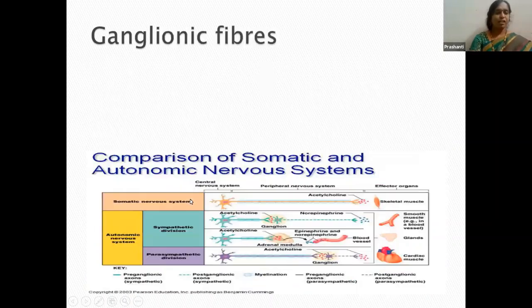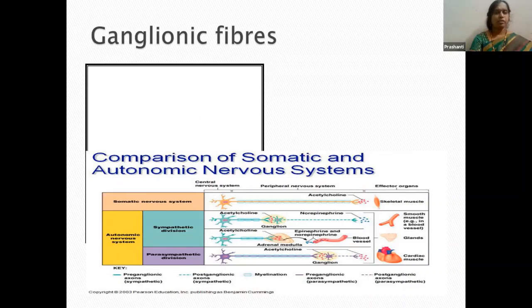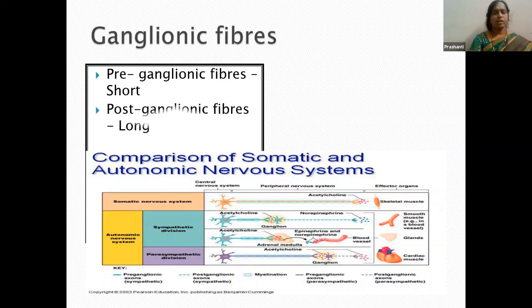When you take the ganglionic nerve fibers, in the sympathetic the preganglionic fibers are very short and the postganglionic fibers are very long. They take the tension, stress, etc., and are distributed to the various body parts.